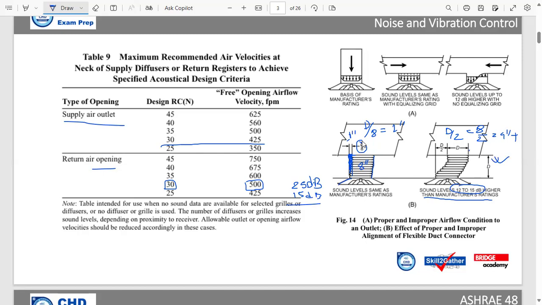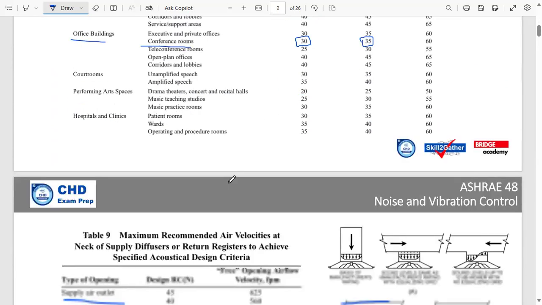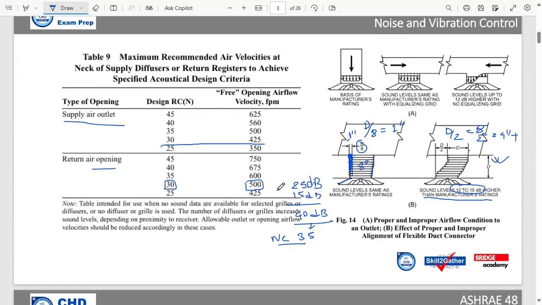So we have 25 plus 15, about 40 decibels. 40 decibels is NC 35. Now, the NC level for us in this particular scenario is 30. 35 is out of our boundary and might make noise. So be careful about these velocities, which are going to impact the selection of your duct size and also the branch size and return and supply air diffusers. Let's move forward with the next segment.